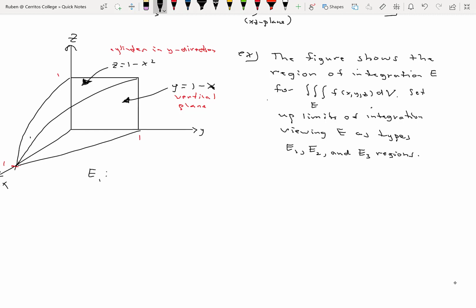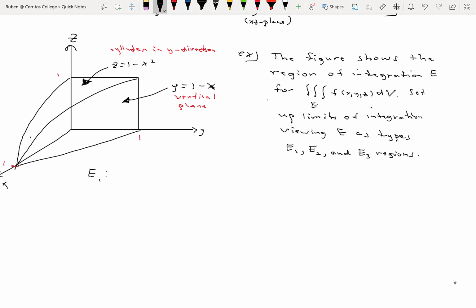Z equals 1 minus x squared is a cylinder that extends in the y direction. If you'll recall, if we have an equation representing a surface that's missing a variable, the surface can be viewed as a cylinder in the direction of that missing variable. So z equals 1 minus x squared is a sort of parabolic cylinder in the y direction.